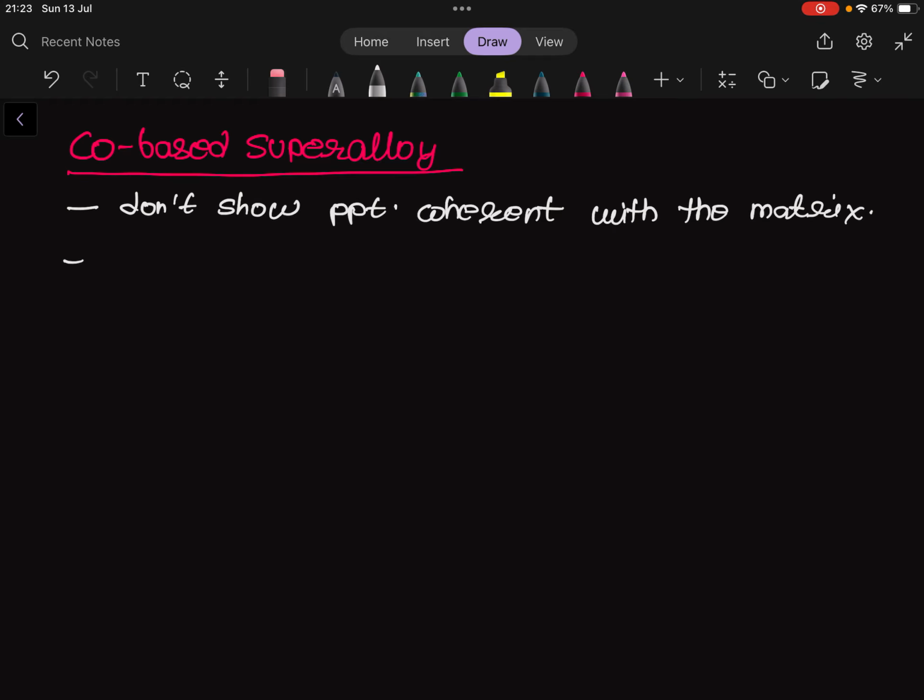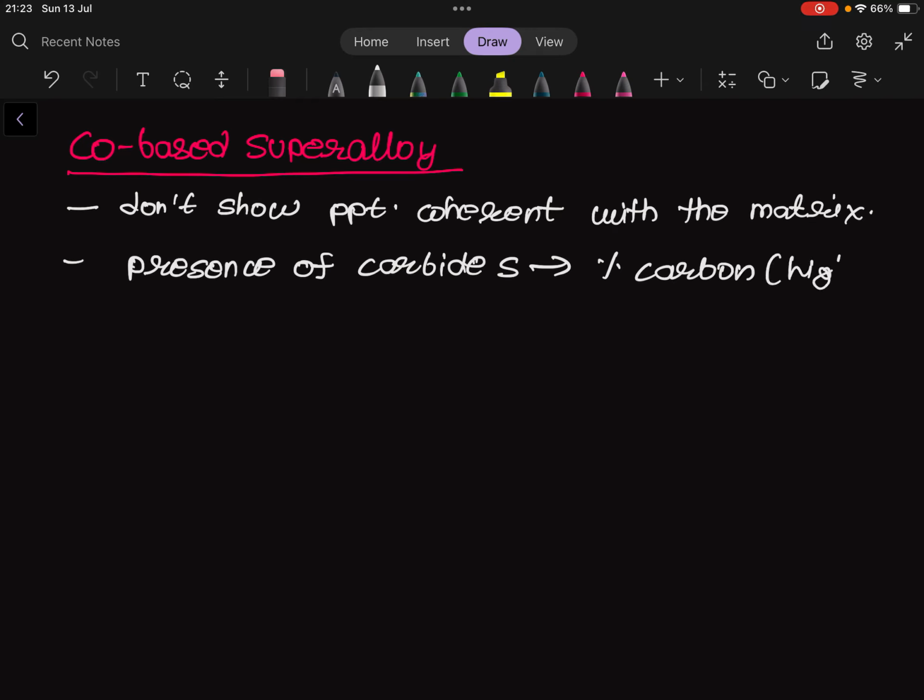So we have presence of carbides, which leads to a higher percentage of carbon in comparison to iron and nickel based superalloys.